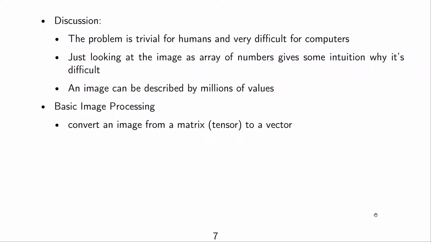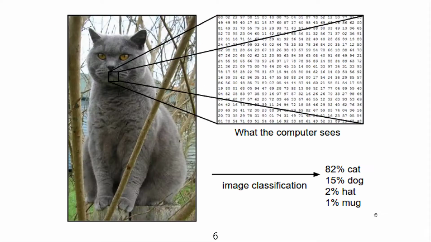The image can be described by millions of values, but maybe, thanks to deep learning, it's not anymore that the problem is very difficult for the computer, but it's very difficult for a human to describe to the computer what to do in order to classify an image.